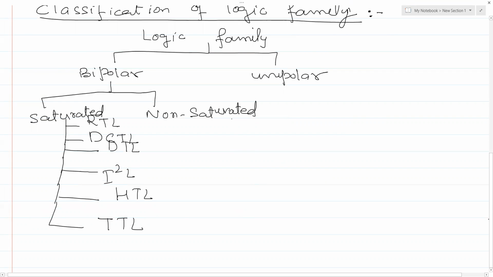In non-saturated, you have two types. One is Schottky TTL, and another one is ECL. Both are very important.